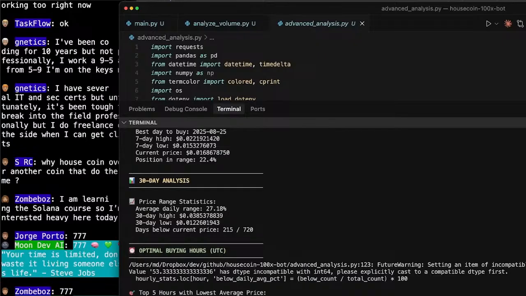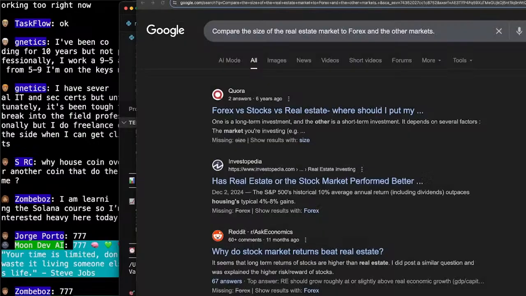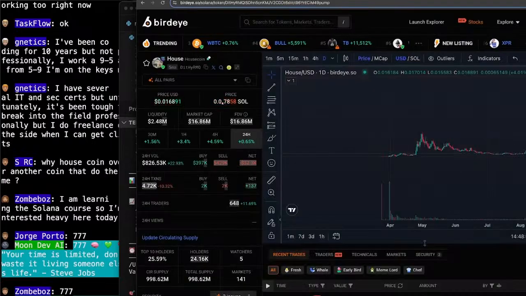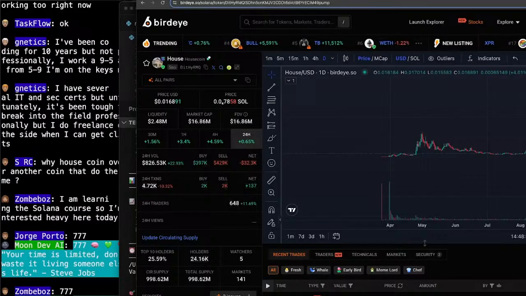The average age of people being able to buy a home used to be like 20, 25. Now it's 52. People are locked out of buying homes. As a homeowner, I see that the price is too high. So if there is a community of people trying to flip the housing market with a fun meme coin, I want to own as much as possible over the long term.